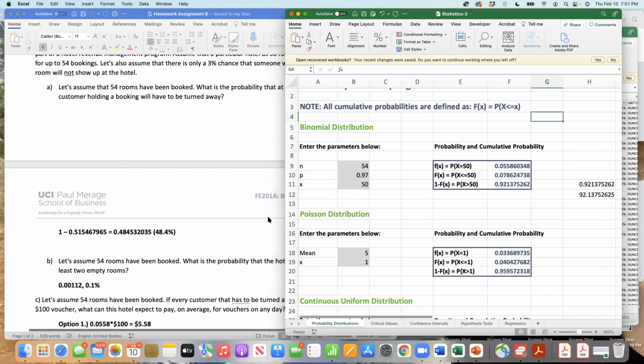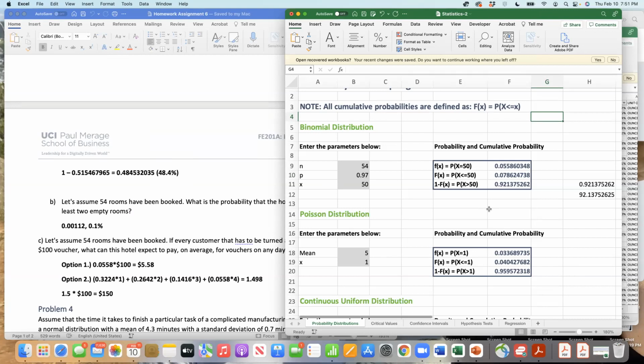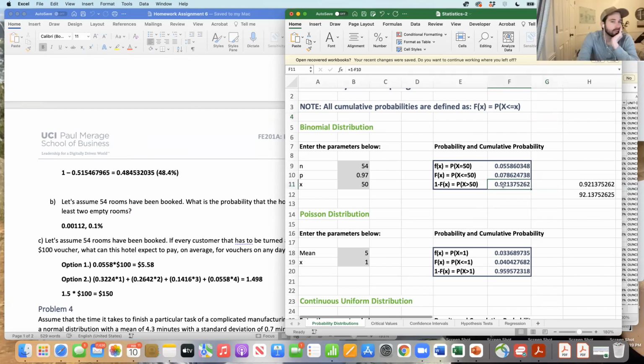So what do you think here? Do we need to take the capitalized F of X or the 1 minus F of X as the probability that seems to answer the question? It seems like it'd be 1 minus the 92%. Are you asking if it's this value or this value?